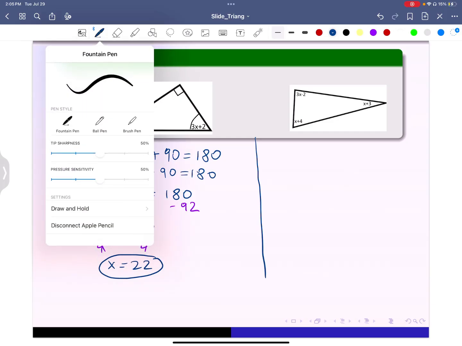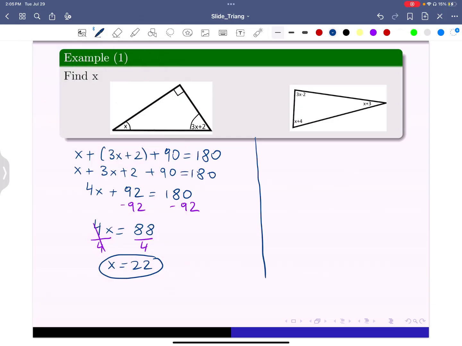Part B. We add all the angles together and they need to add up to 180. So we have x plus 4 plus x plus 3 plus 3x minus 2 is equal to 180.